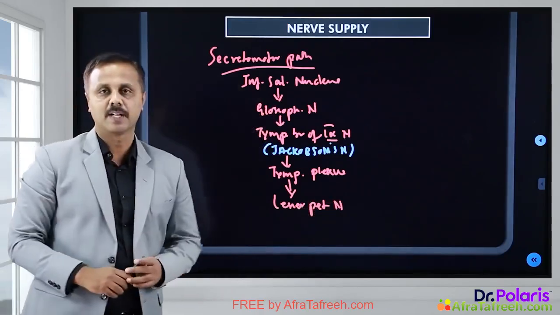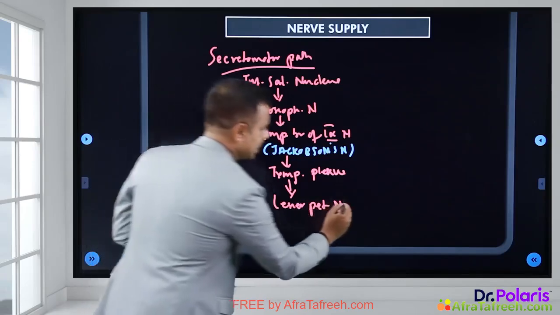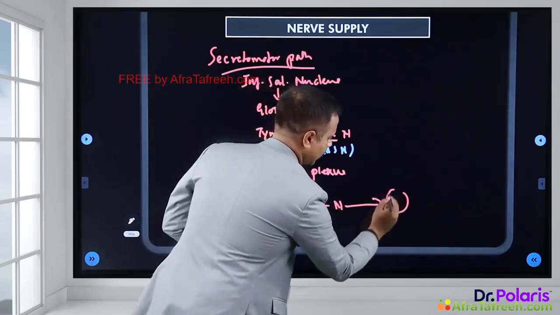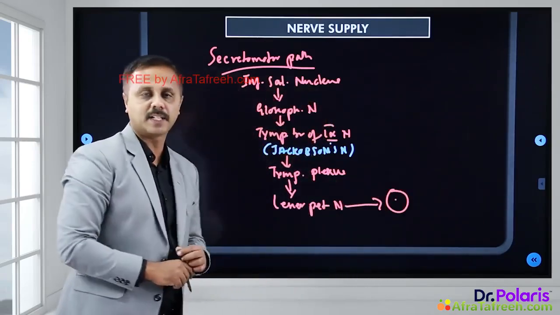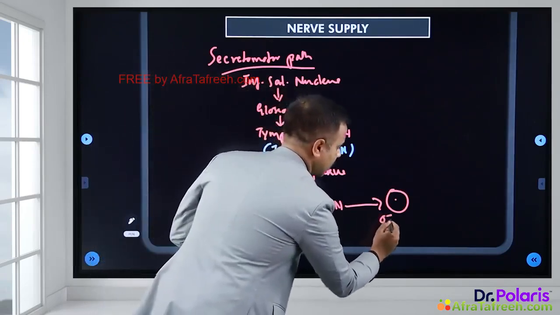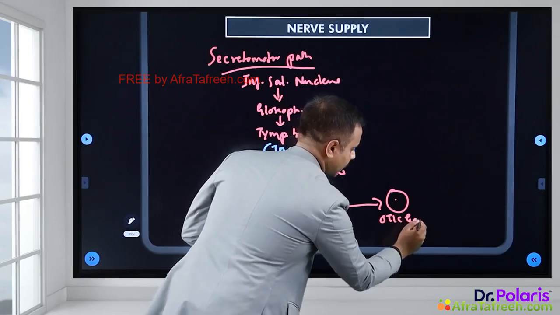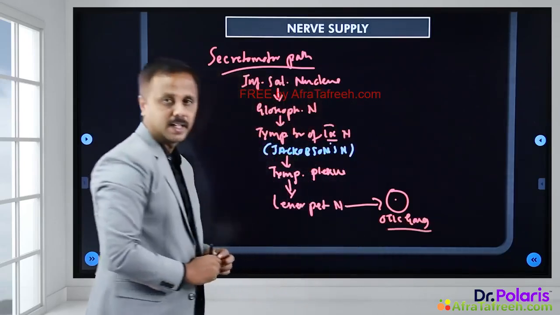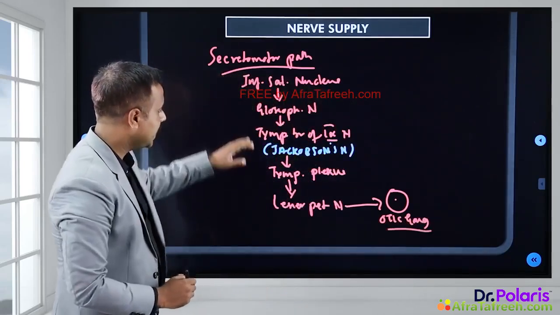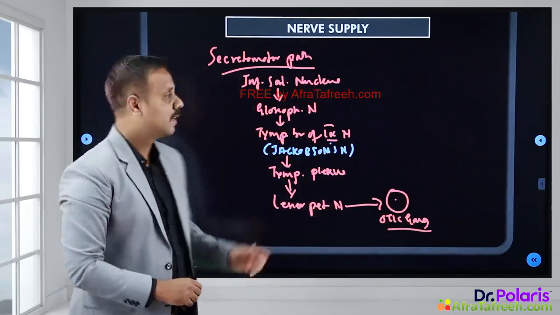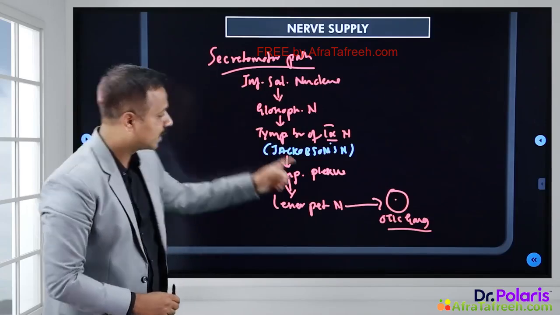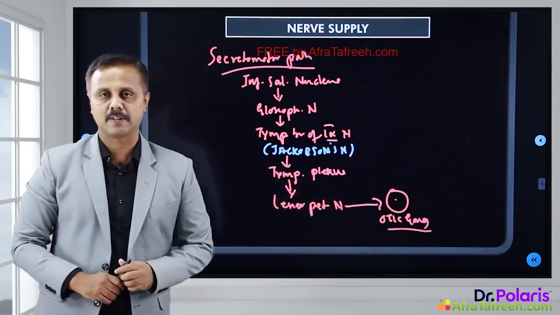The lesser petrosal nerve ultimately relays into a ganglion. Fine? And what is that ganglion? That is the otic ganglion. Right? This is how the preganglionic secretomotor fibers will arise from the inferior salivatory nucleus and reach the otic ganglion.